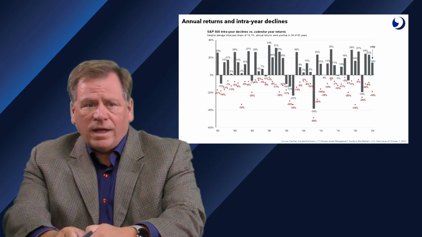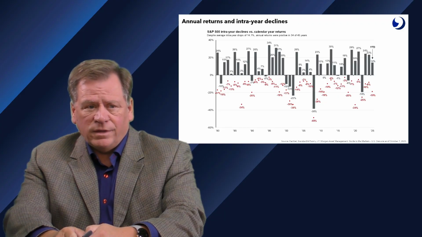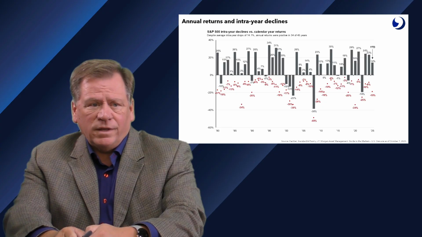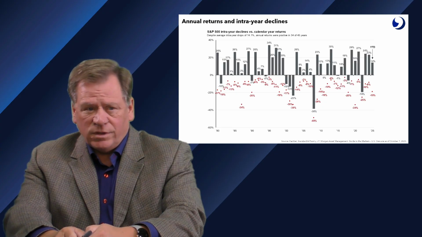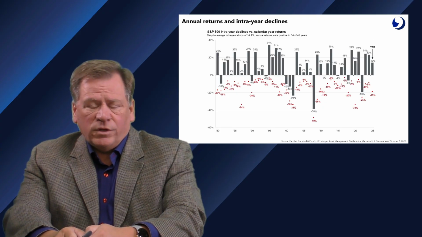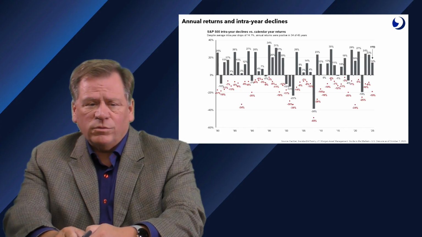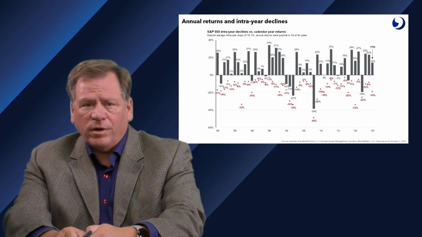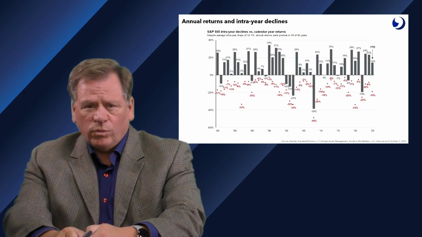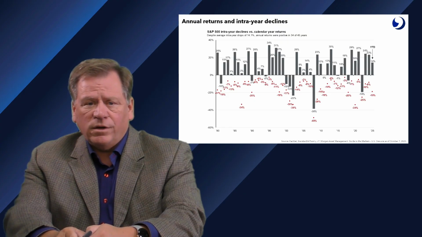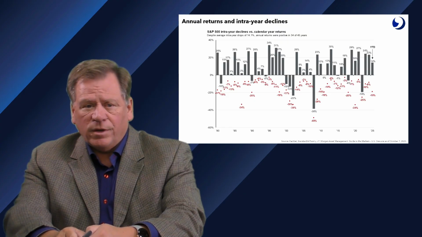The red dots and numbers are how much we had intra-year declines. So like 1980, the market was at one point down 17%. And if you look at 2025, we were down 19%, actually intraday I think it was 20%, or technically a bear market, when we got scared about the potential tariffs that John just talked about.